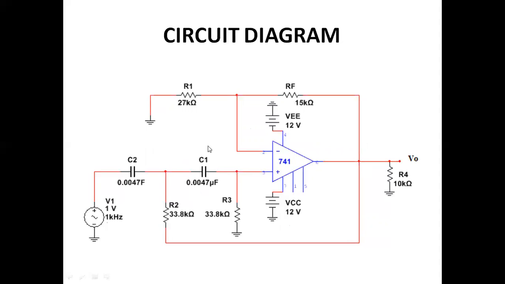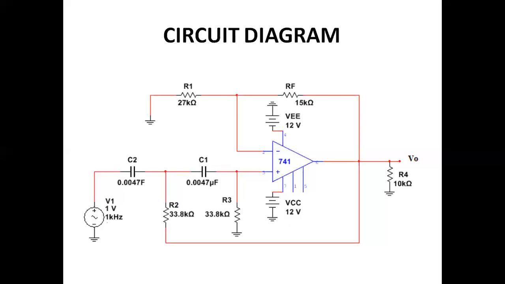It cannot cross the capacitor and go. But as the frequency increases, at high frequency this impedance becomes less and the signal passes to the op-amp. So at low frequency it rejects the signal, and at high frequency it selects the signal.